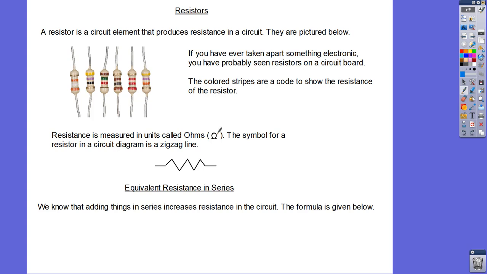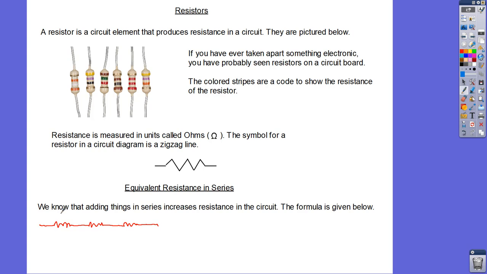So it's measured in ohms, we've said that before, and the symbol in a circuit diagram is a zigzag line like that. Okay, so what we want to do is we want to be able to find the equivalent resistance. So let's say that we have 3 resistors in a row.